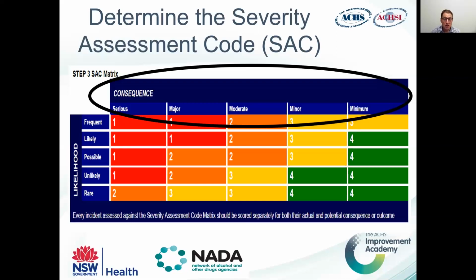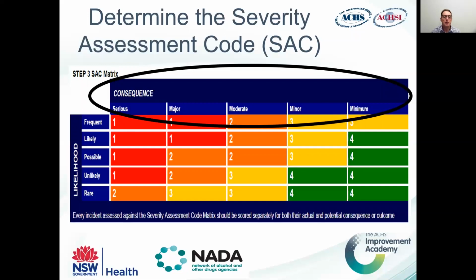The definitions that are currently used within the Ministry of Health are quite focused on clinical incidents in acute services, such as health services, such as within LHDs. And at the moment, as this webinar is going to air, different definitions are being developed that are more suited to the AOD sector.